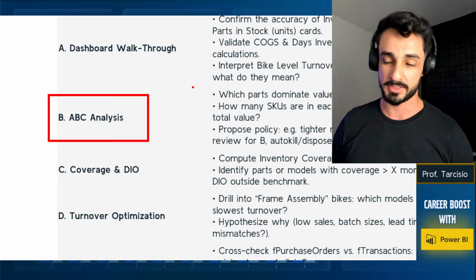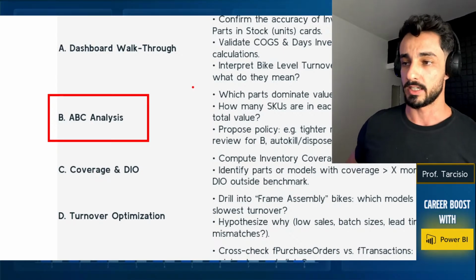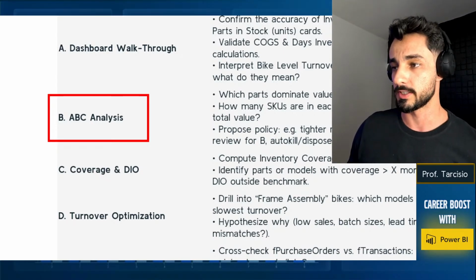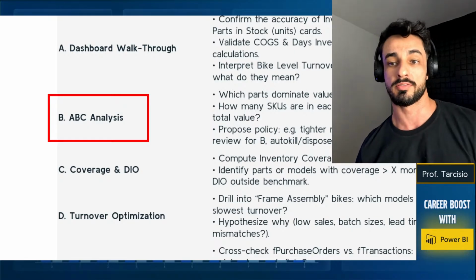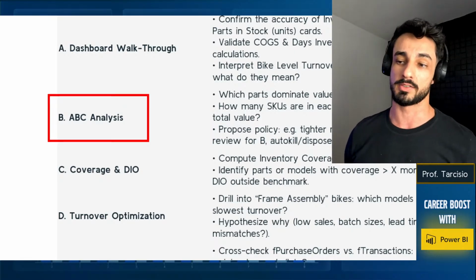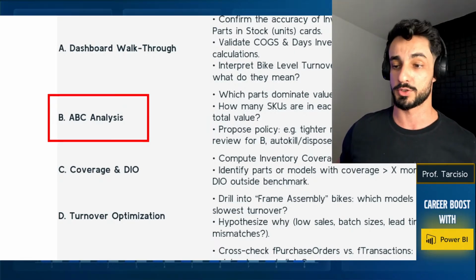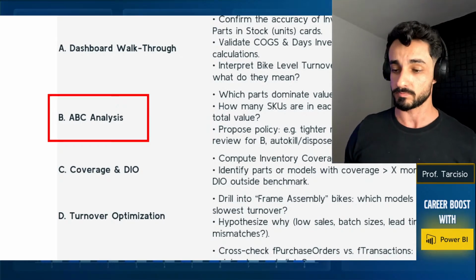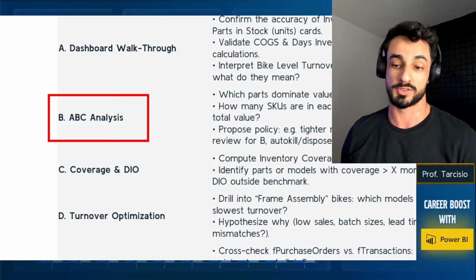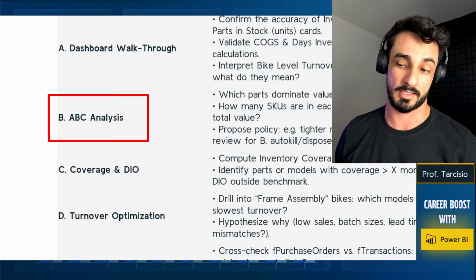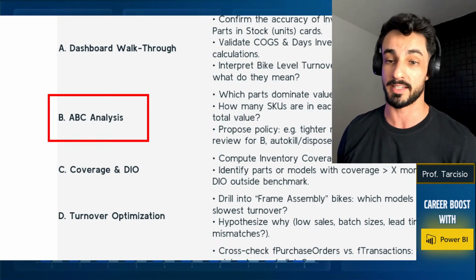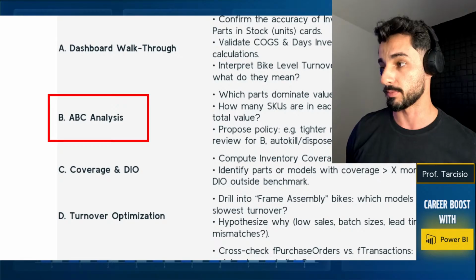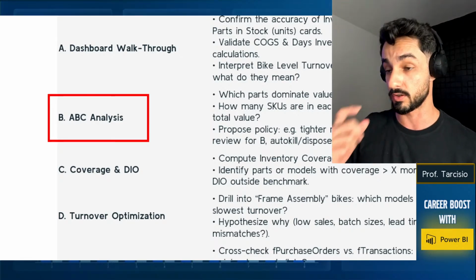In the ABC analysis, we're going to list all the parts that are most dominant in terms of value in stock. So this means that we want to identify which parts are most valuable in stock, and maybe they weren't supposed to be as high as they are. So that's a very important KPI for inventory.